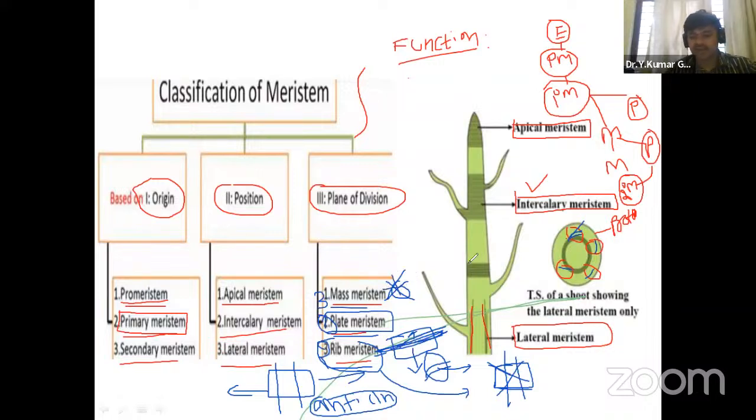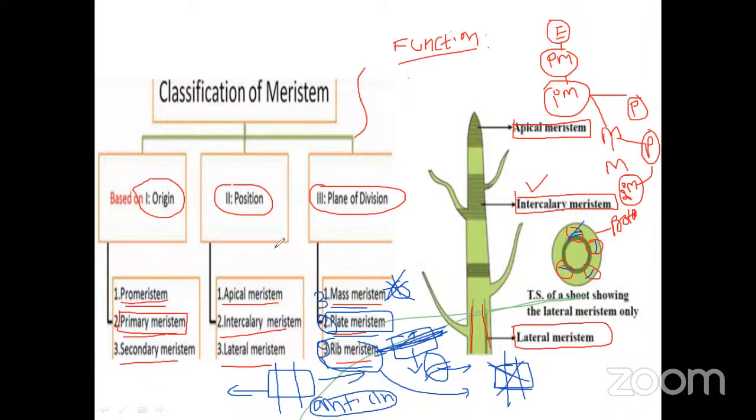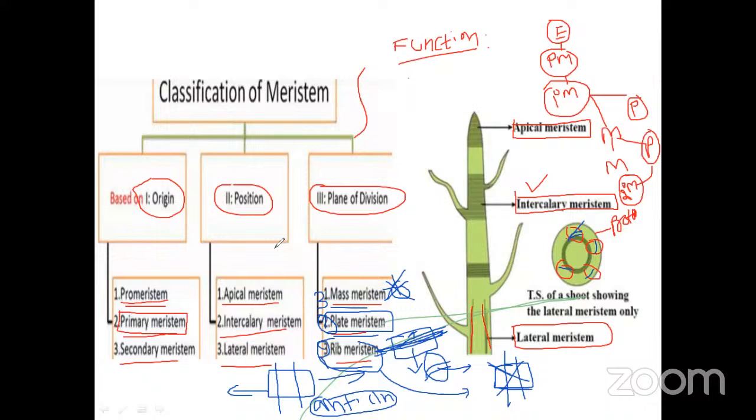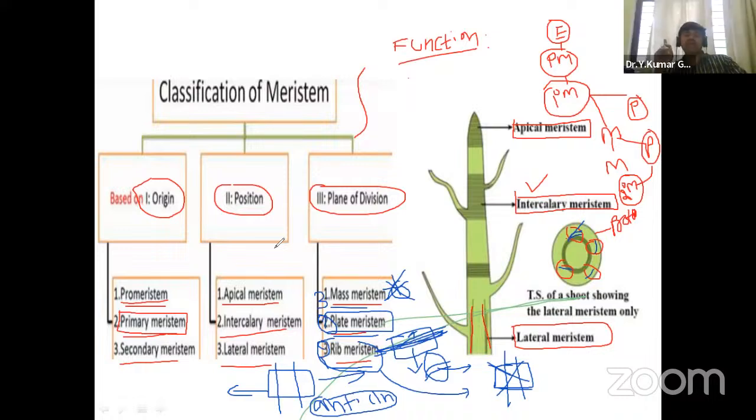While forming the internal structure, what are the internal parts of the stem, leaf or root? The three regions: epidermis, cortex, and stele.